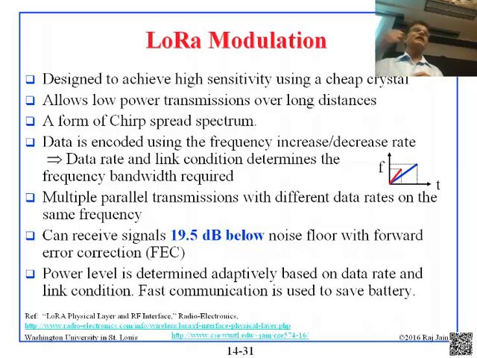You cannot charge your meter every day. Probably your electric meter you can charge because it's connected to electrical power, but your gas meter and everything else, you're not going to charge every day, even if it has a battery. So the cellular industry is competing to get that IoT market, but other people are also competing to get the same IoT market. And this is what is going on right now in the industry: IoT.